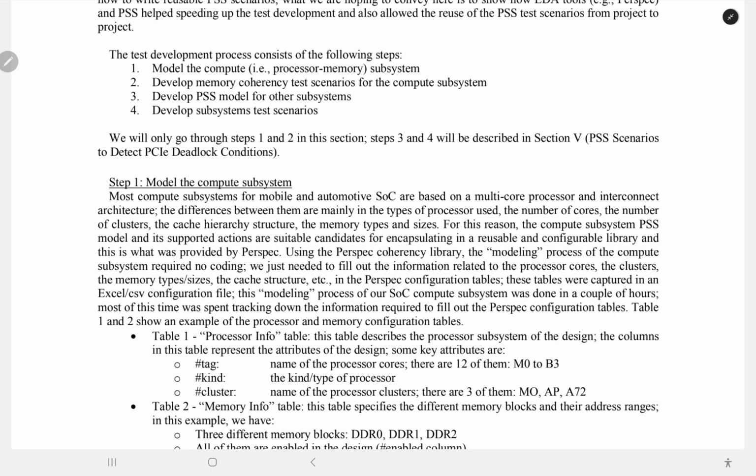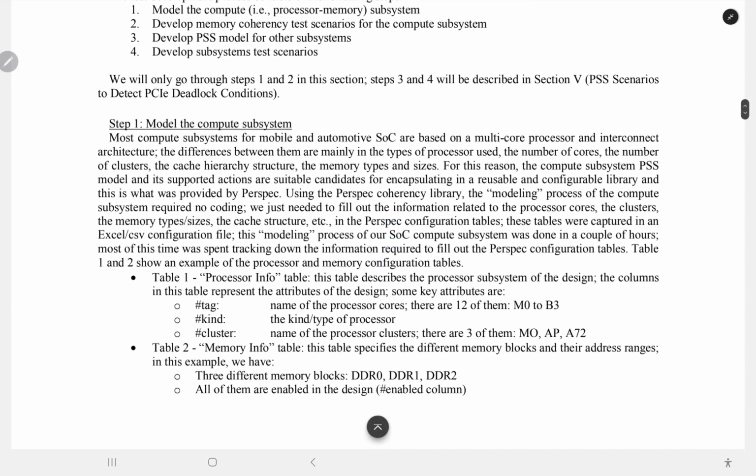Using the Perspec coherency library, the modeling process of the compute subsystem requires no coding. We just need to fill out the information related to processor cores, the clusters, the memory types and sizes, the cache structures, and so on, in the Perspec configuration tables.